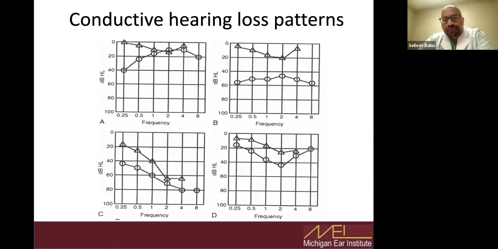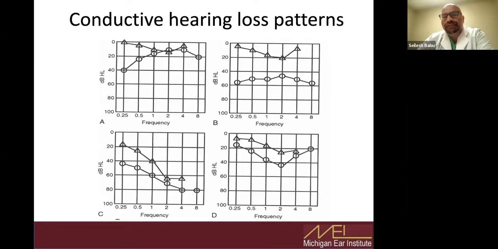There are different patterns we can see on audiograms that may give us some insight as to what the problem is. On the top left, there's a low frequency conductive hearing loss. On the top right is a maximal conductive hearing loss with a decrease at 2000 hertz in the air-bone gap. And in the bottom left is a mixed hearing loss, similar to the one on the right.